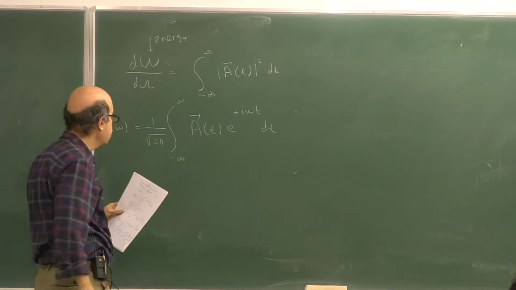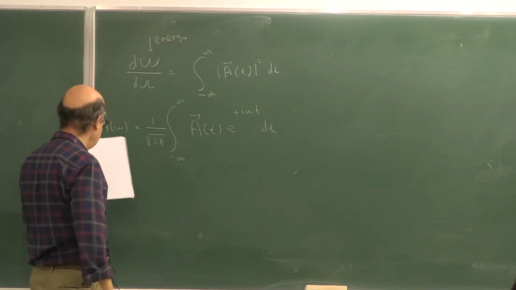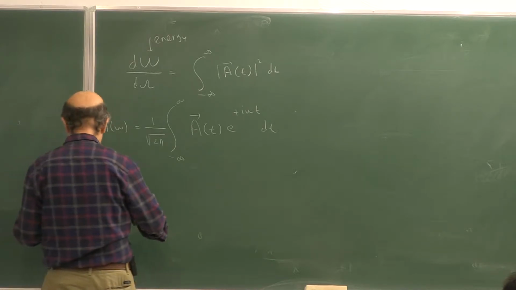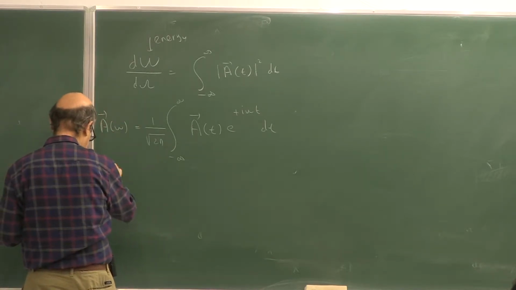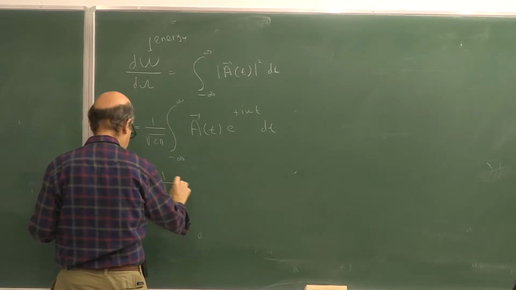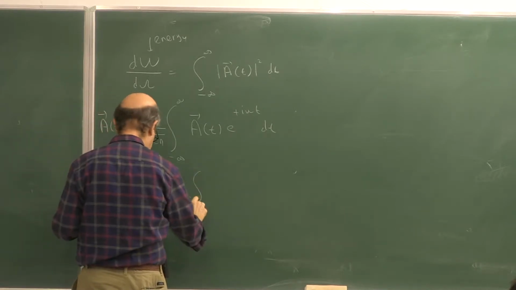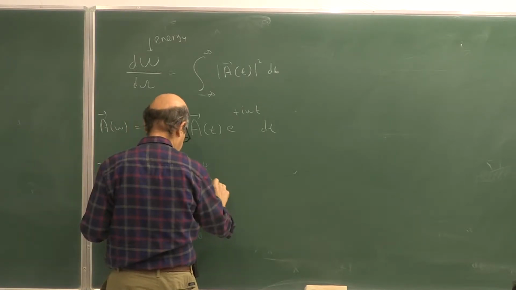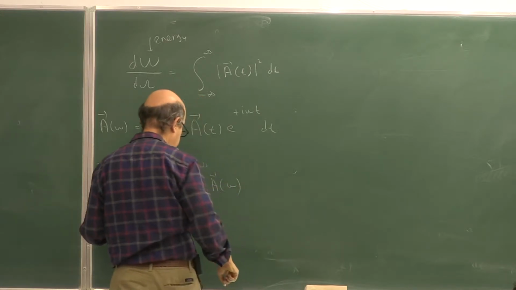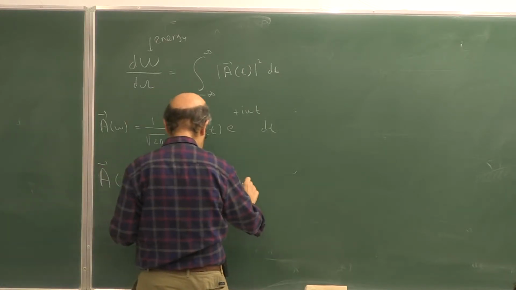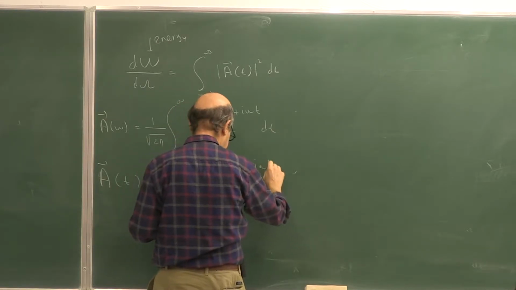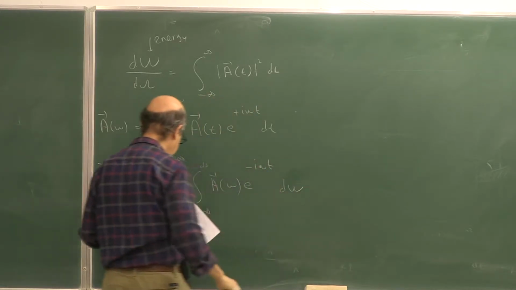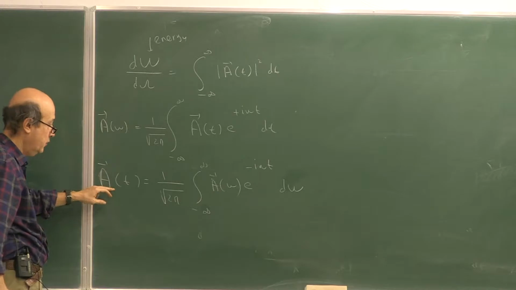So if you have some quantity in the time domain, you can express it in the frequency domain by using the Fourier transform, or you can define the inverse of this. E of t is 1 over square root of 2 pi, integrated from minus infinity to plus infinity, the Fourier transform of A integrated through all frequencies. Now the exponent is the negative of the previous one. So you have the Fourier transform and inverse Fourier transform.